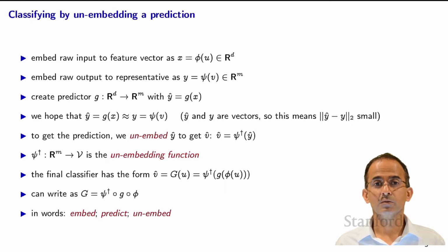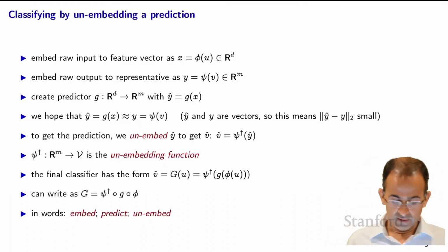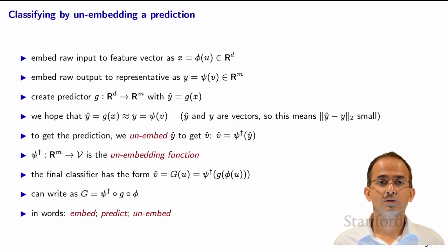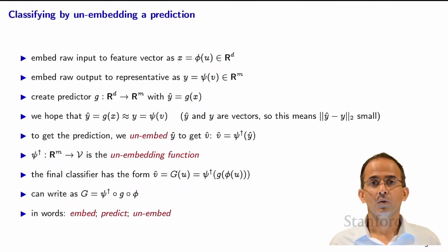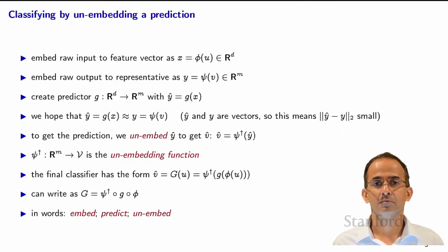And now what are we going to do with y hat? Well, what we hope is that if y hat is g of x, then y hat is somehow close to psi of v, where v is one of the categories. And close here would usually mean in the norm. So the norm of y hat minus psi of v is small for one of the v's.